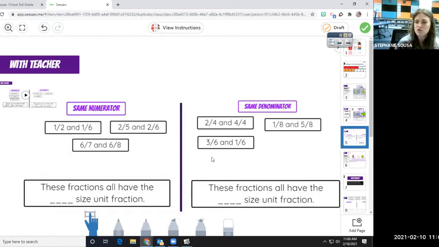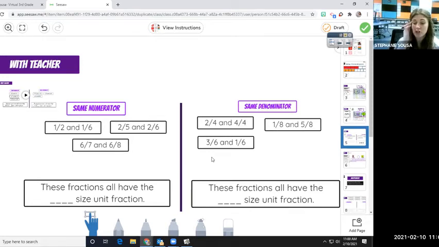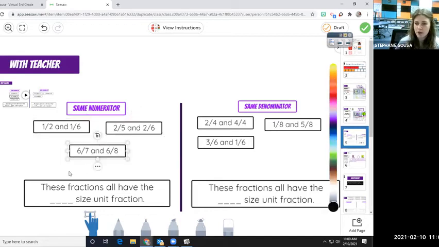Now that we've got these sorted, let's think about what they mean. It is helpful for us to figure out if the numerators or denominators are the same, because that tells us something about the unit fraction or the size of the piece. Okay. If fractions have the same numerator, they have a different denominator. 1/2 and 1/6. Those are different sized unit pieces. So let's add that on there with the text box.